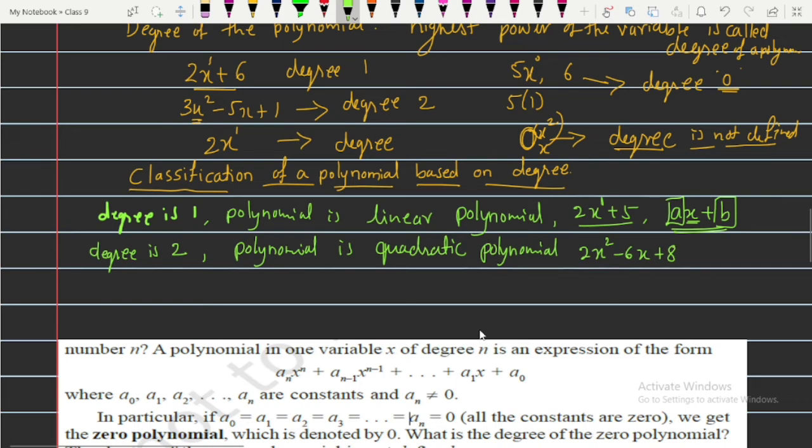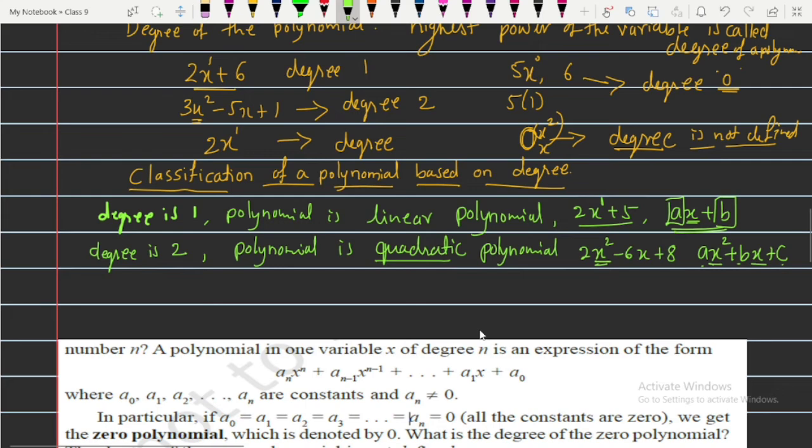Here the highest degree is 2, so that is why it is called quadratic. Quadratic means its degree will be 2. The standard form of a quadratic polynomial is ax square plus bx plus c, where a, b, c are real numbers and x is a variable.